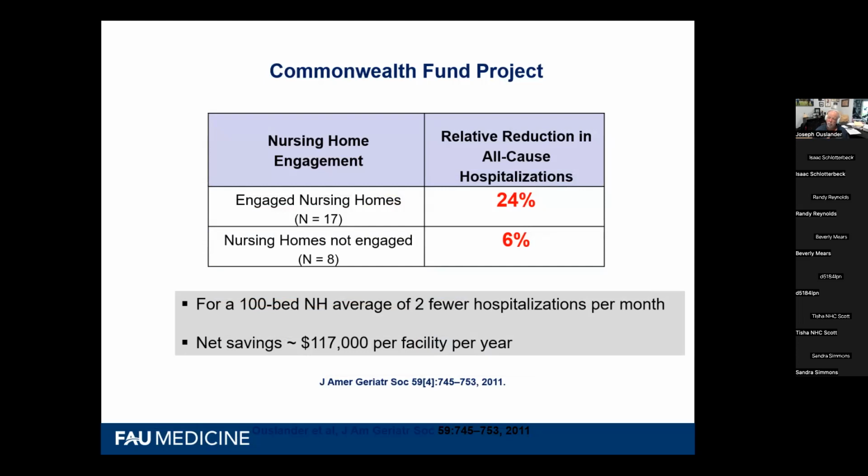We looked at their hospitalization rates over 6 months, the same 6 months in the baseline year and the intervention year. This was done in about 2010. We found that the engaged nursing homes had a 24% reduction in hospitalizations. That's huge. That's enough so that the net savings were close to $120,000 per facility.